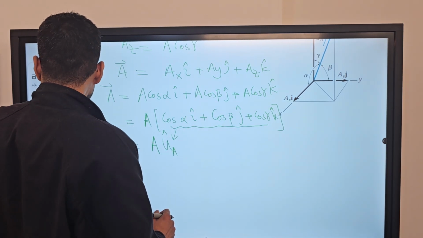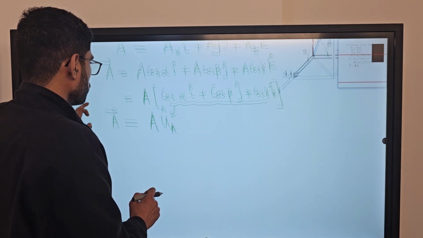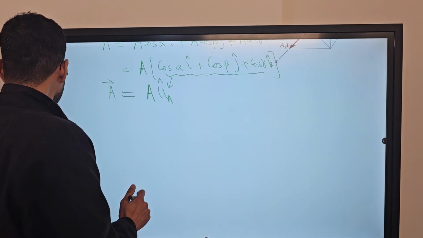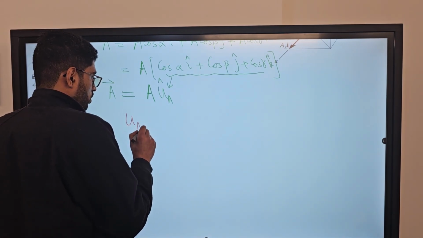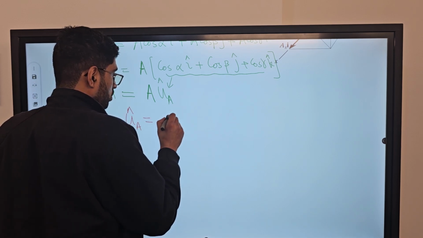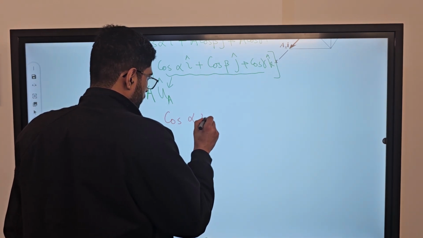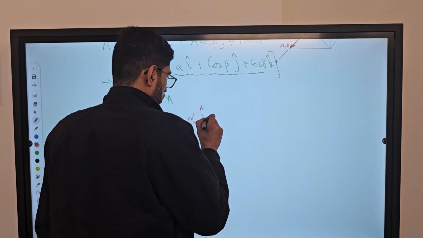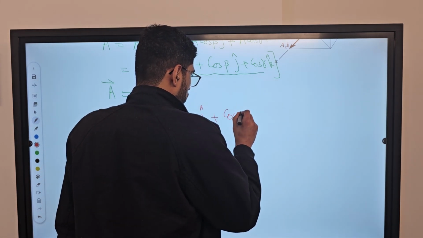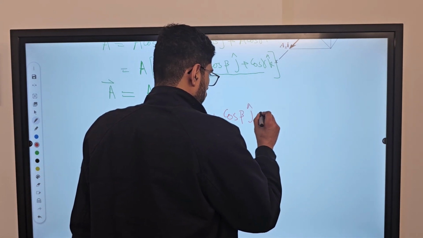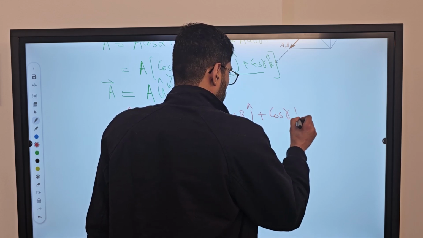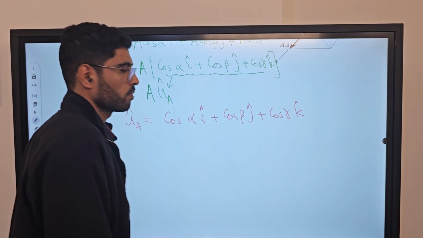So from this comparison, we can say that the unit vector along vector a will always be equal to cos of alpha i, cos of beta j, and cos of gamma k.